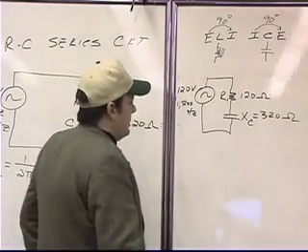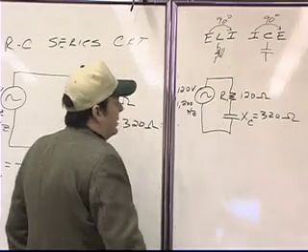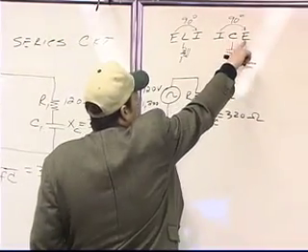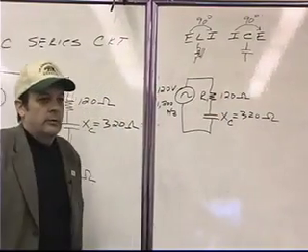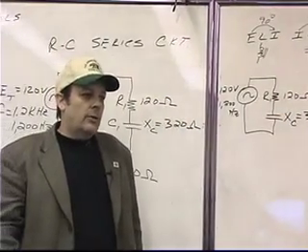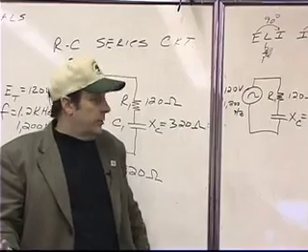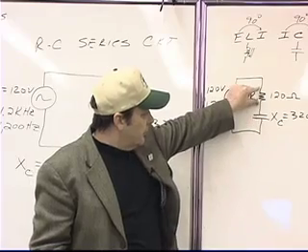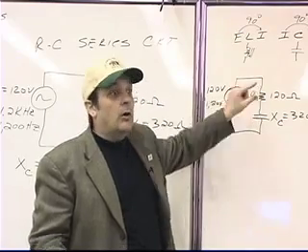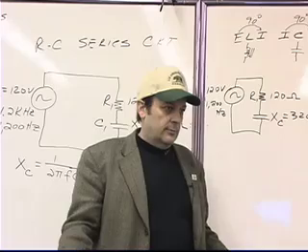All right. Now, it turns out that because the current and the voltage are 90 degrees out of phase with each other, then also the voltages, if we were to measure the voltage across this capacitor and the voltage across this resistor, are also going to be out of phase with each other, okay?